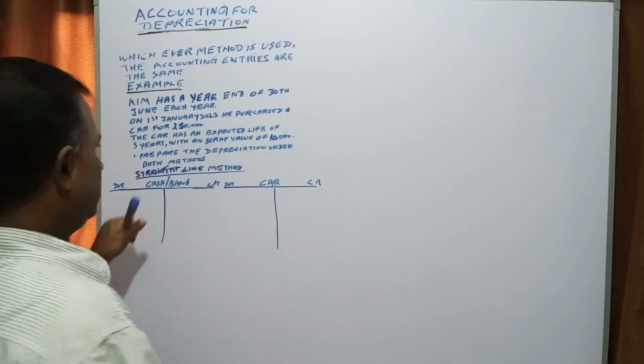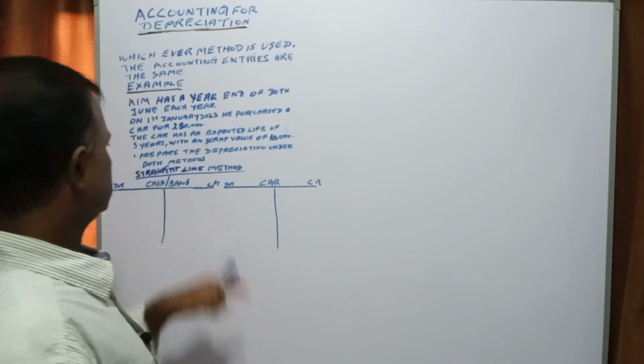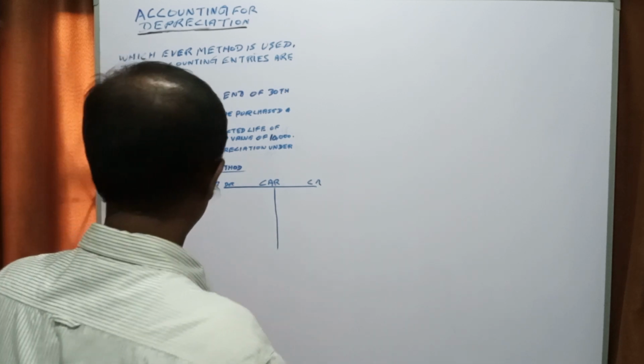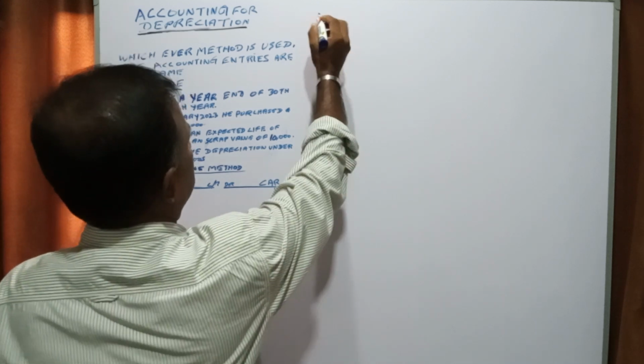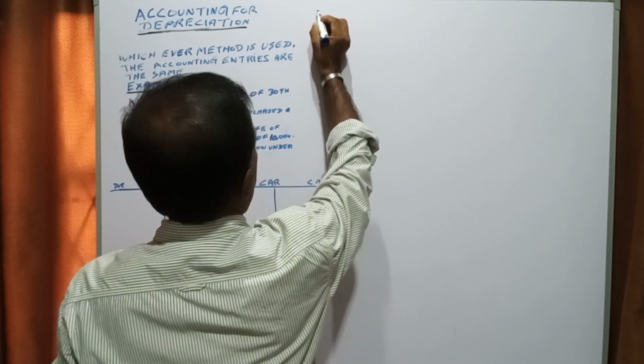Under the straight line method, we have to open a cash account, a car account, and thereafter an accumulated depreciation account.